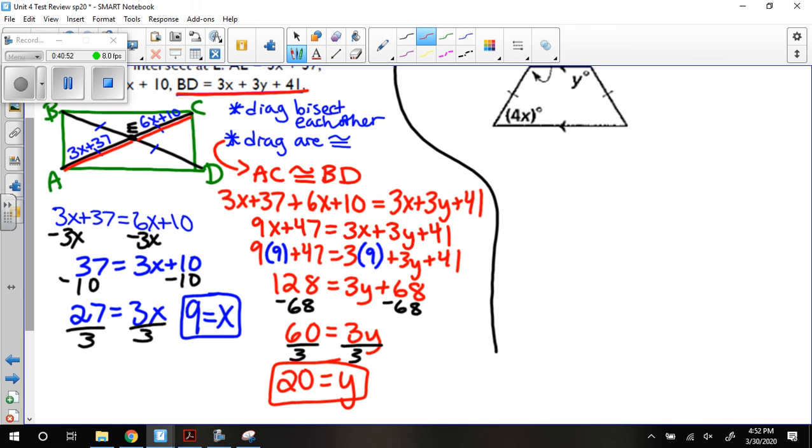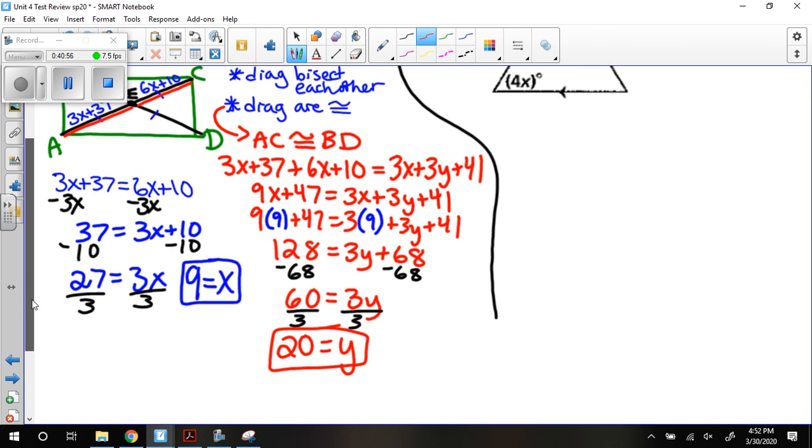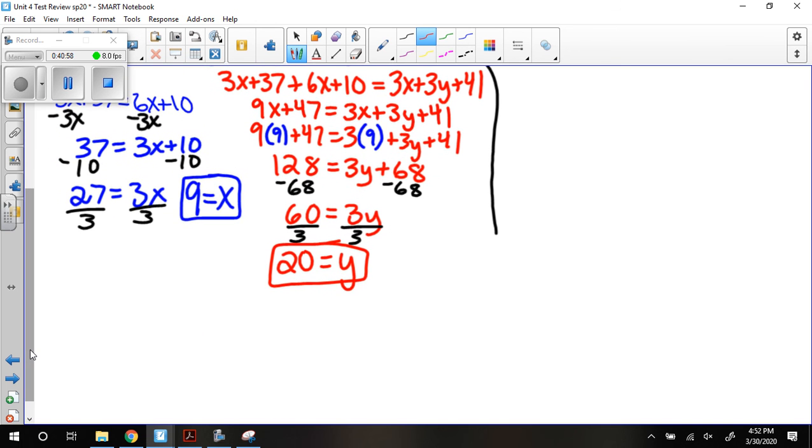Now remember, they did tell me to find all segment or angle measures. Okay, so I'm just going to make a list here. The 3 segments that they gave me were AE, CE, and BD. So those are the 3 segments that I am going to find the value of.